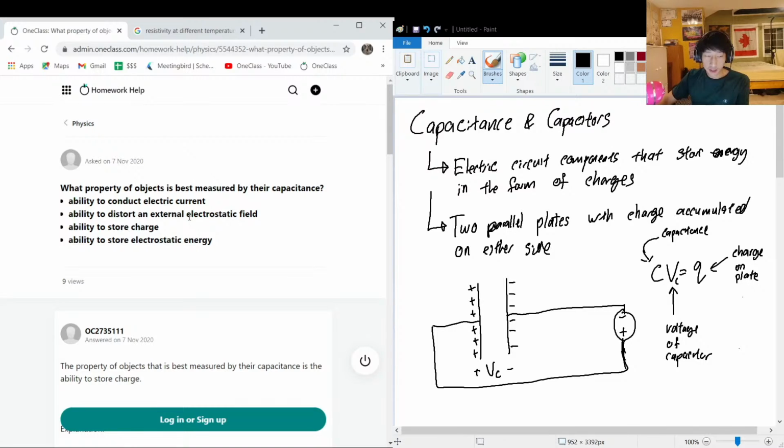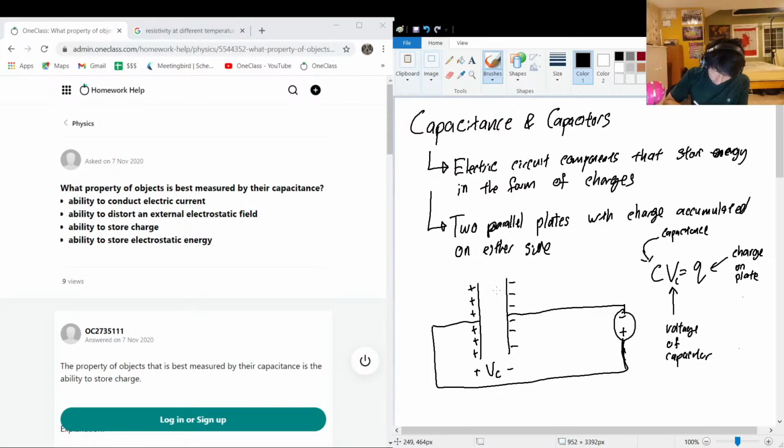Okay, the ability to distort an external electrostatic field. They do, to a certain degree, distort their external electrostatic field, but that's generally not the reason why we use capacitors. We generally use capacitors to think about what's inside the capacitor, like the charges inside an electric field that builds up between the plates.